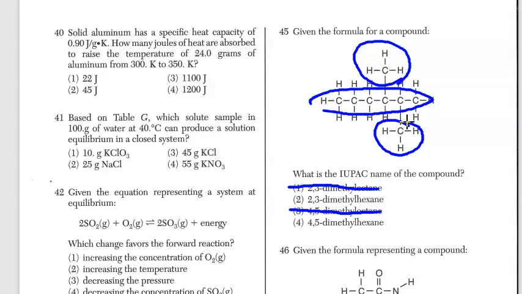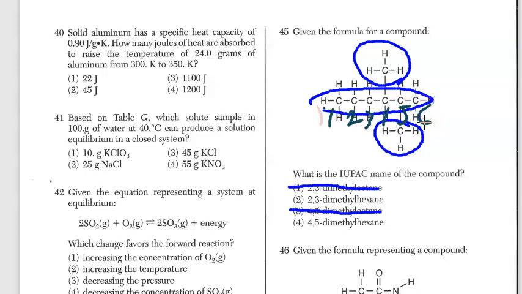In other words, I could count from, in fact, let me change this for a minute. Let's do something darker. How about that? 1, 2, 3, 4, 5, 6 as my longest chain.